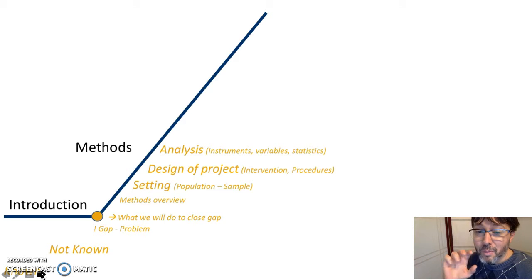And then when you implement that design, you get data. The methods section says, how will you analyze the data once you have them? It doesn't say any results at all, just what will you do? We will apply logistic regression to predict factors that are covariates of readmission within 30 days at Emory University Hospital.